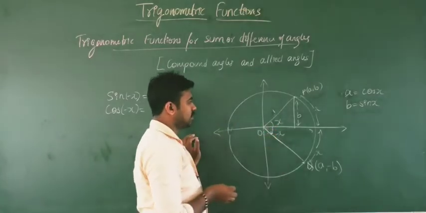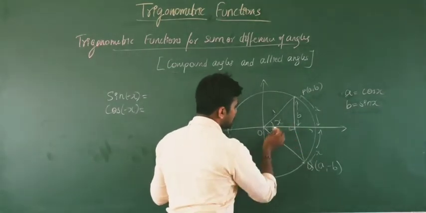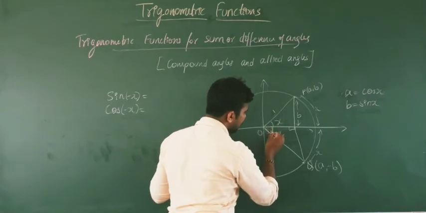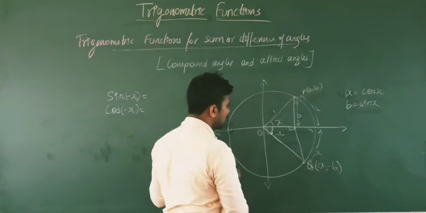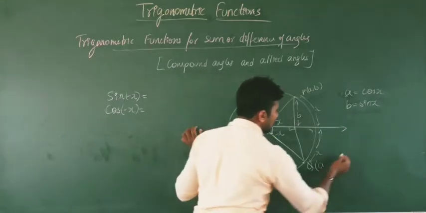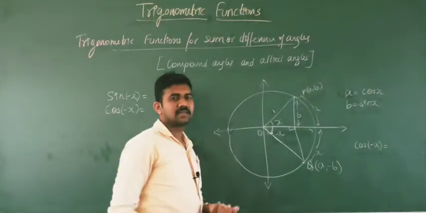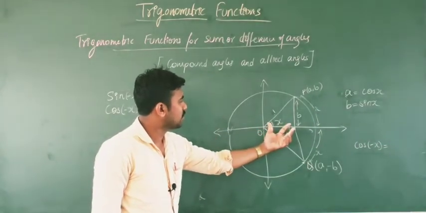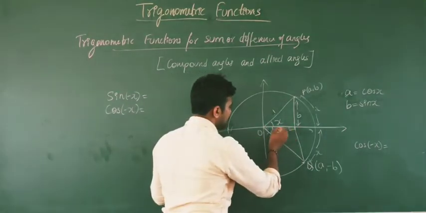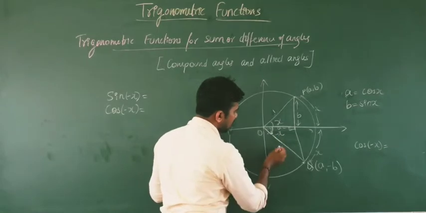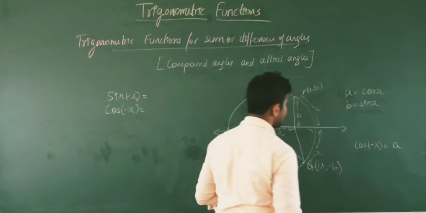In this case, this is the angle, this side is opposite, this is adjacent, and this one is hypotenuse. So cos of minus x, with the angle minus x, cos theta is nothing but adjacent by hypotenuse. The adjacent side is a, and the hypotenuse is 1 unit. So a by 1, that is a only.